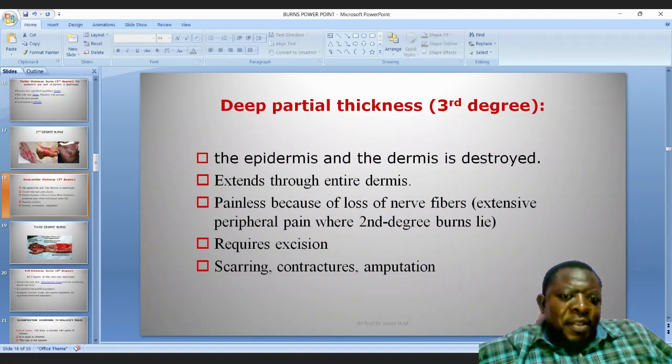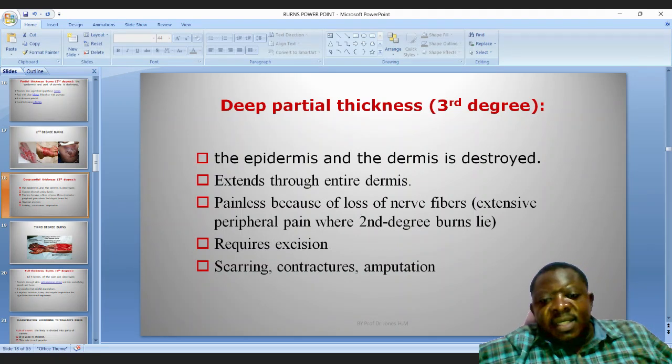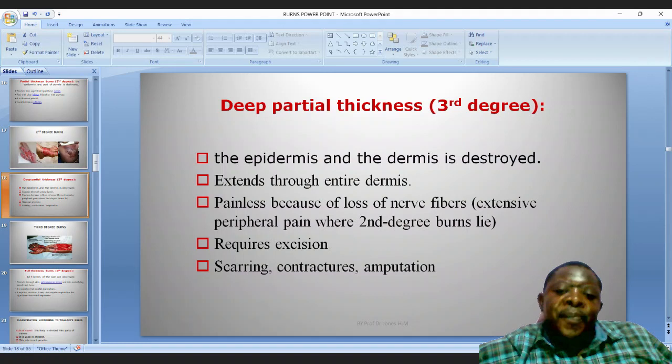For this type, it may require excision, and then scarring and contractures, and also amputation may be required because there will be disturbance in blood flow or vascularization, because blood vessels within the dermis that are supposed to supply the other parts of the body with blood, oxygen, and nutrients have been destroyed. So all this is destroyed.